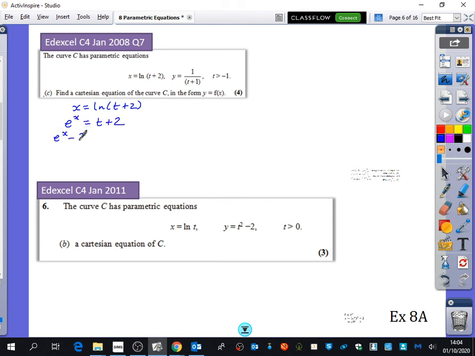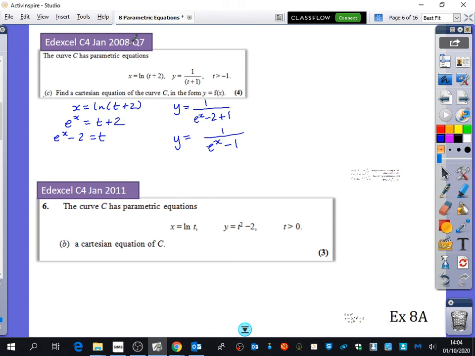So e to the x minus 2 is t. And I can substitute that into y. So it will be 1 over e to the power of x minus 2 plus 1. So 1 over e to the x minus 1. This was from 2008. So probably 2 marks now, unfortunately.